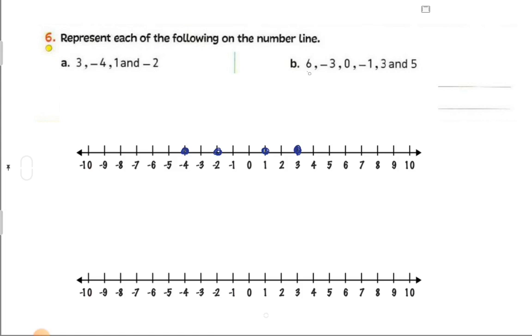Here 6, negative 3, 0, negative 1, 3 and 5. Don't write the other integers, just write these integers so it's obvious and clear.